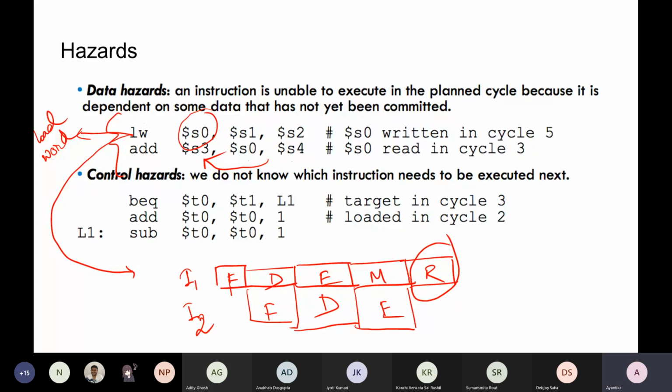they will be added. But when you are coming to this execution phase, this updated S0 value that you were actually expecting as the outcome of instruction 1 is not ready yet. That means if you are directly following this traditional pipelining stage without any added support, then what will happen?